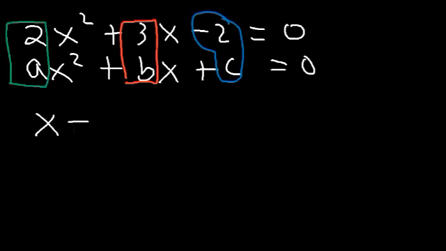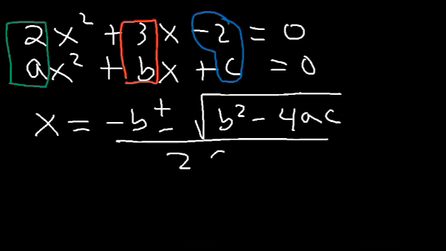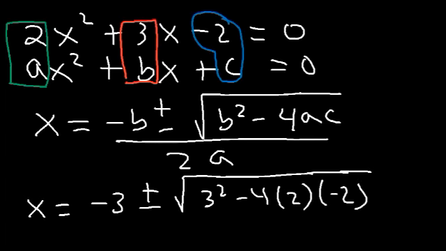So using the quadratic equation, it's negative b plus or minus the square root of b squared minus 4ac divided by 2a. So it's going to be negative 3, because b is 3, plus or minus 3 squared, minus 4 times a, which is 2, times c, which is negative 2, divided by 2a, or 2 times 2.